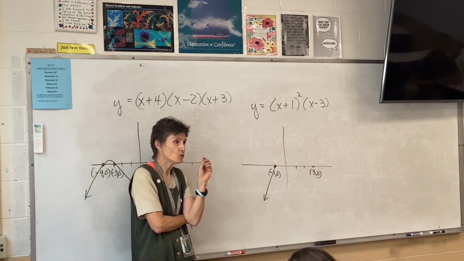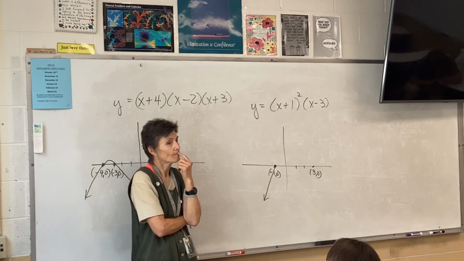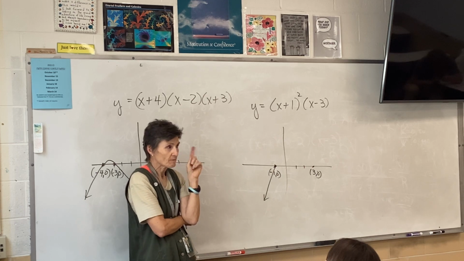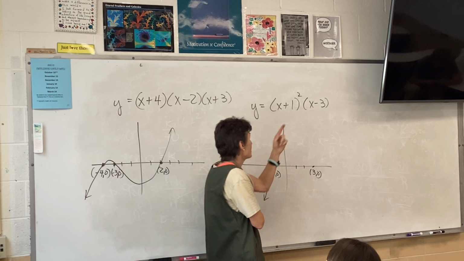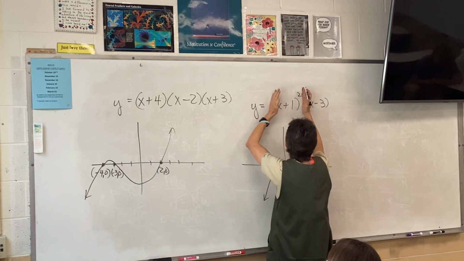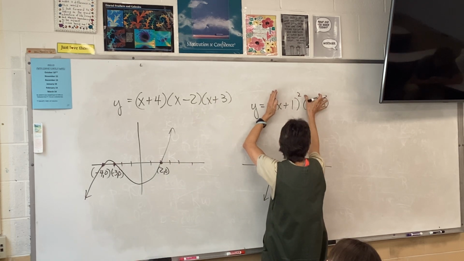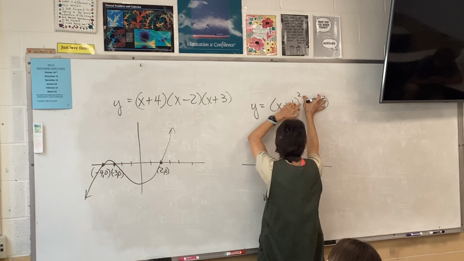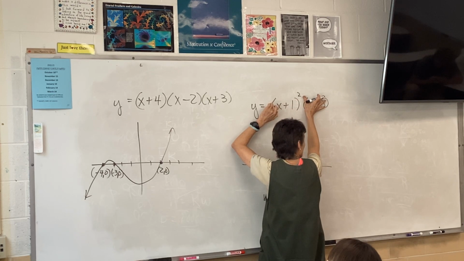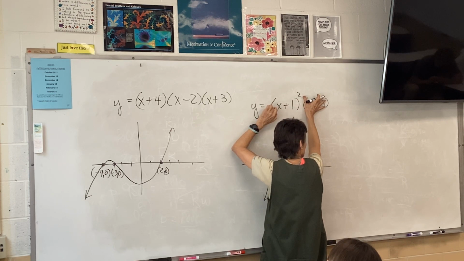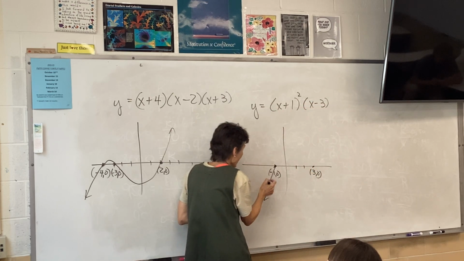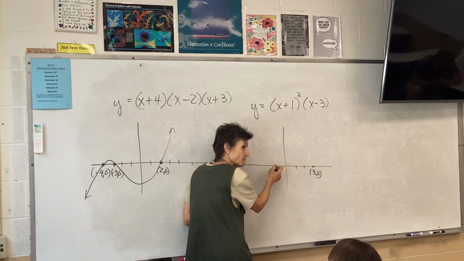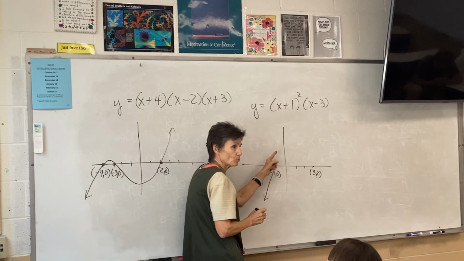Now, here's the new piece of information for you. And I think this will make sense to you if you think about it. If I only had this, if I didn't have that, if I only had this, what shape would that be? A parabola. So what that means, guys, is that when the curve hits that point, it doesn't go through.